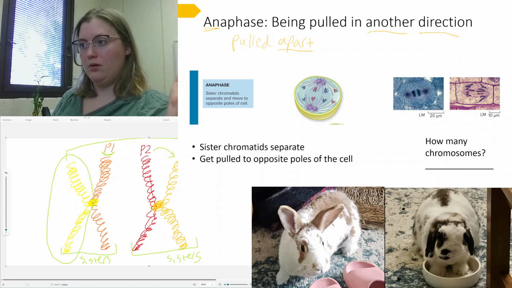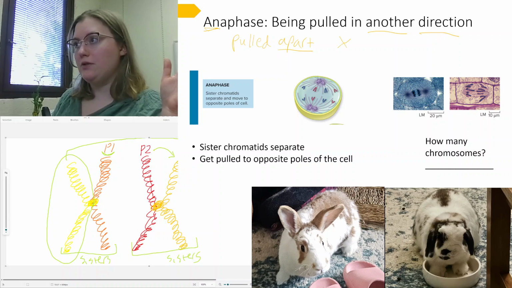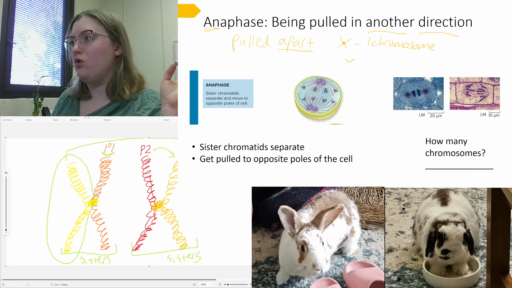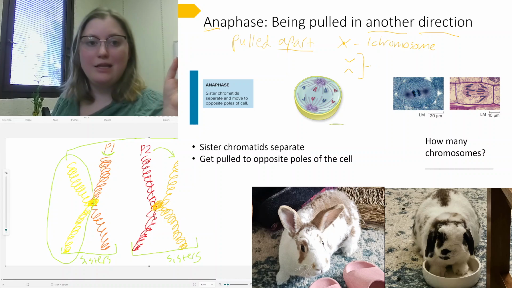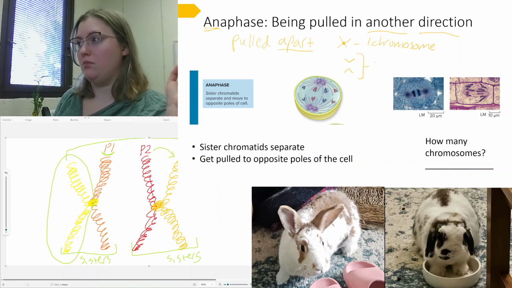Okay, so remember, if it is an X connected at the centromere, that is 1 chromosome. If they are no longer connected at the centromere, each one is its own chromosome. So that would be 2 chromosomes.